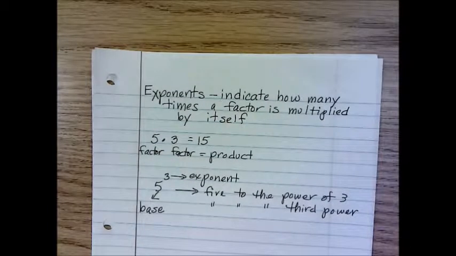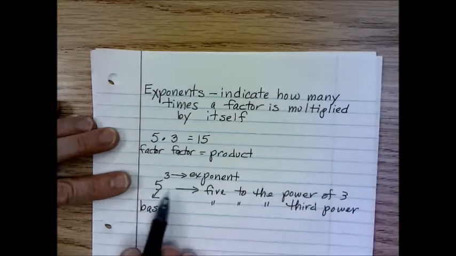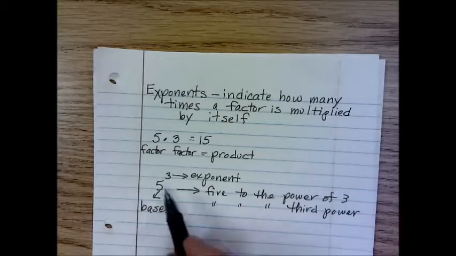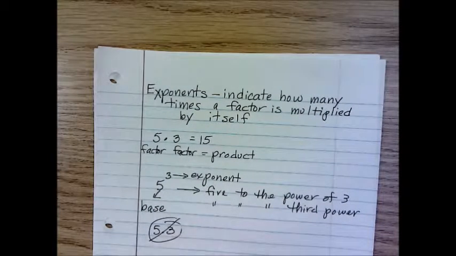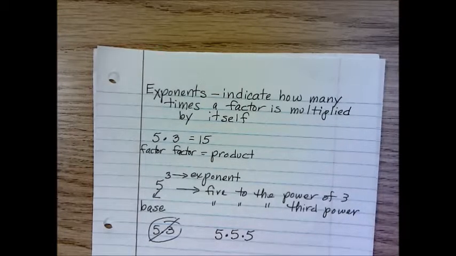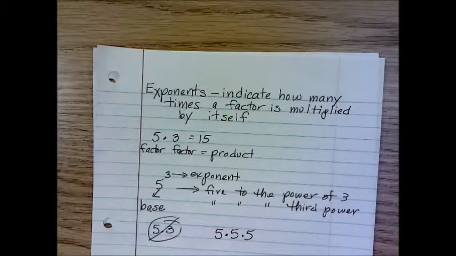So just a new type of language with some multiplication. Now this does not mean 5 times 3. What this really means is I'm taking that factor of 5 and I'm multiplying it by itself 3 times.